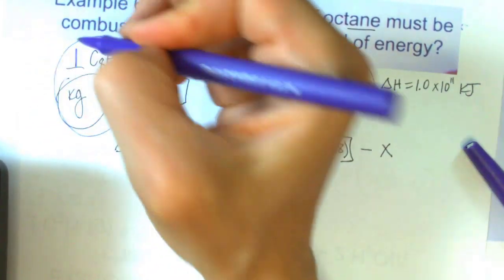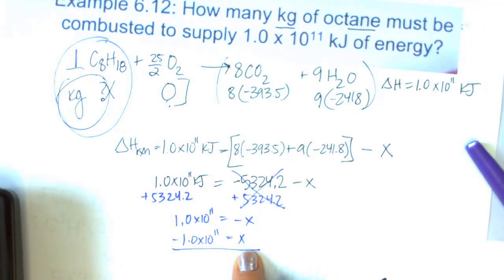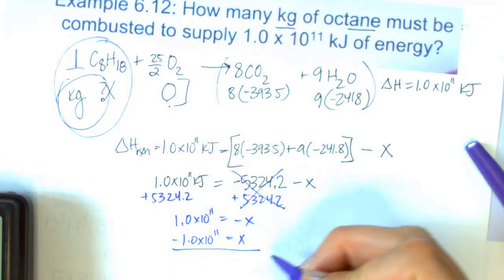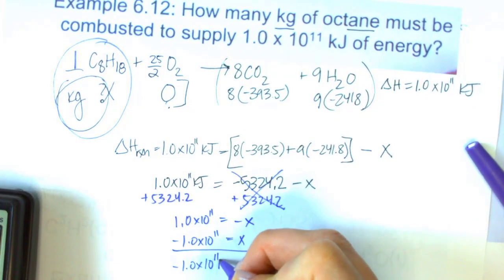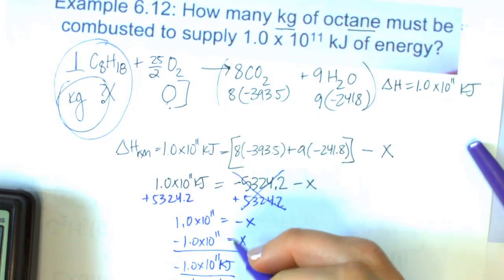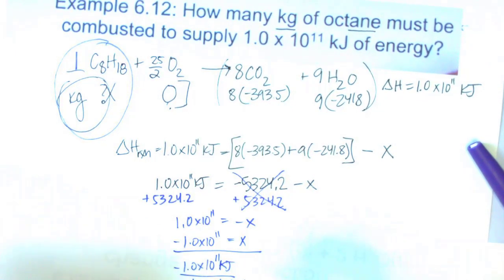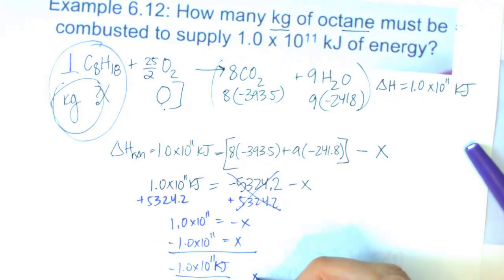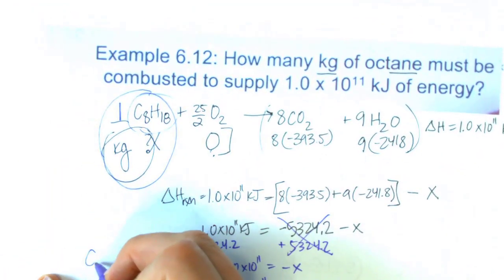All right, so that's for this guy. That's telling me that's for 1 mole of that substance. Now, this is telling me negative 1.0 times 10 to the 11th kilojoules for every 1 mole of C8H18. So now we just have a little bit of mole mapping to do, or moles to grams. We need to figure out on our calculator the molar mass of C8H18.